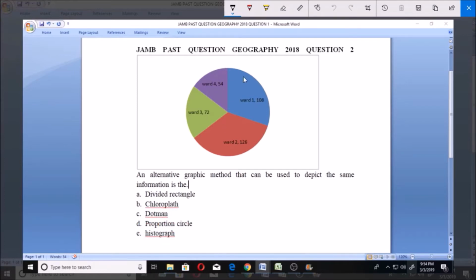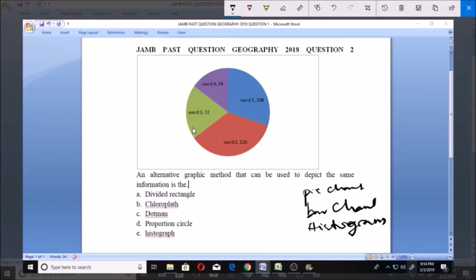histogram. Now, if you are given a chart, you know that basically you can depict it by using the pie chart. You can also have the bar chart. You can also have the histogram. So these are the ways you can depict or represent data or information in a graphical way.